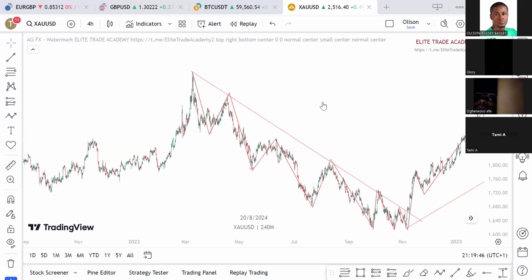Now, why is price bouncing off a certain zone? If you are living in a storey building and you are on the first floor, that means you have a ceiling above you.